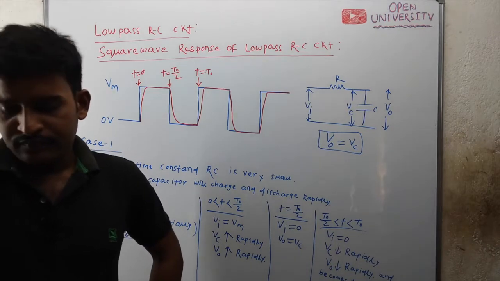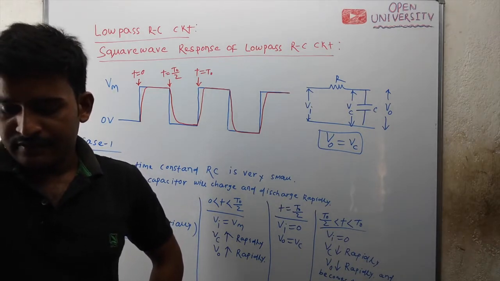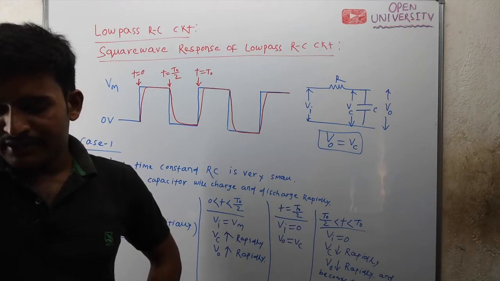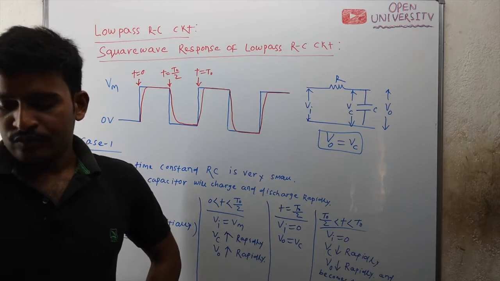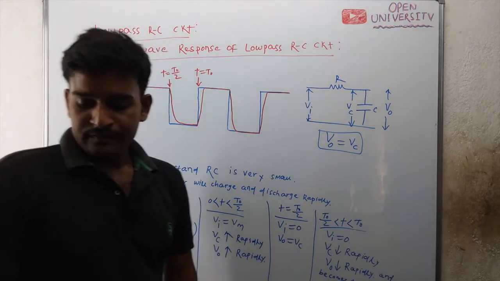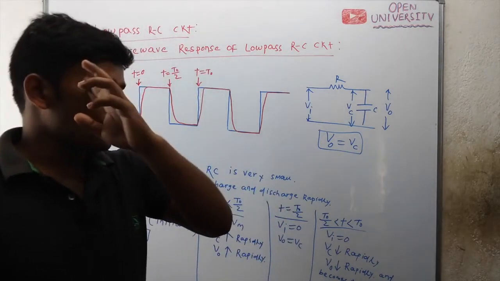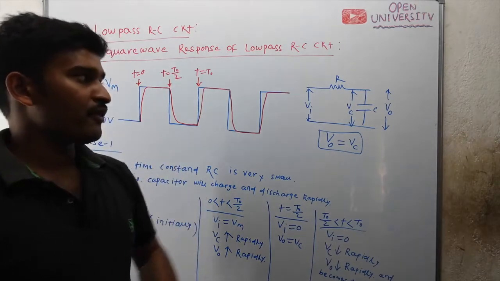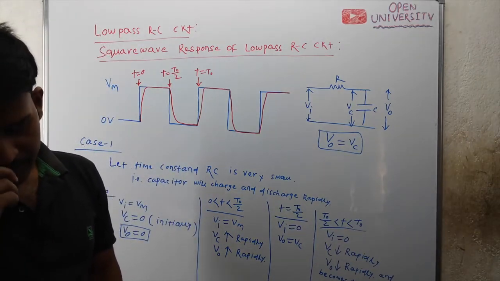So write down, if time constant RC is very small, then the output waveform will be almost similar to the input waveform, and hence wave shaping cannot occur.